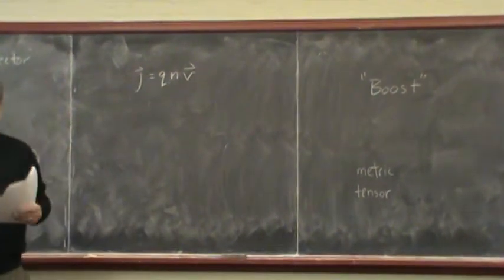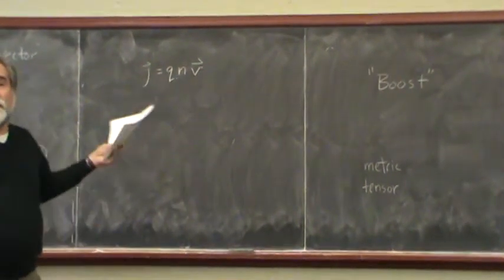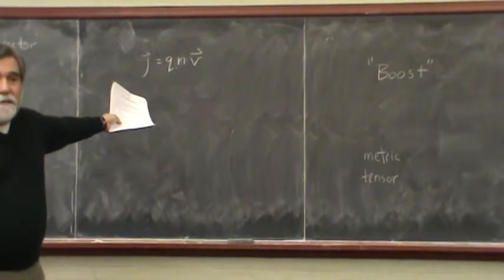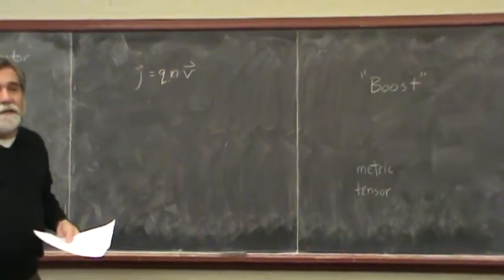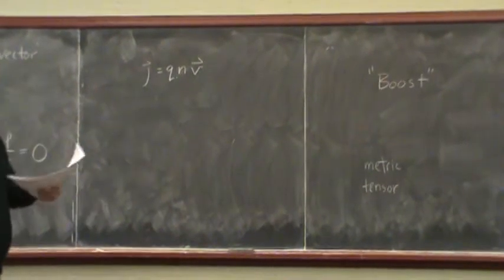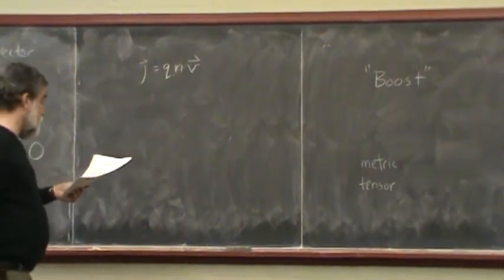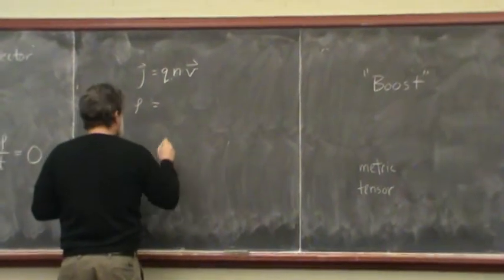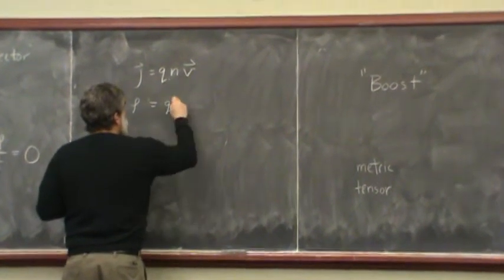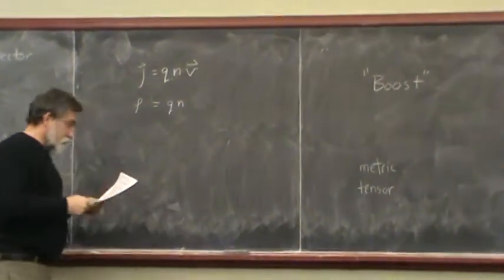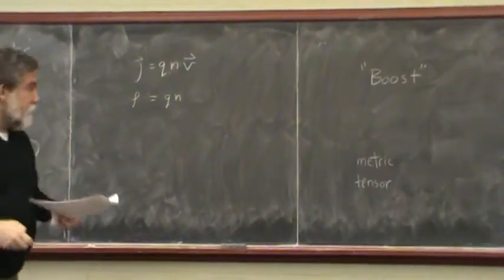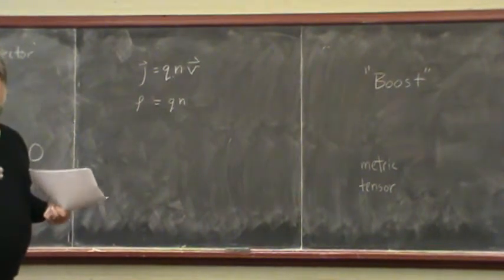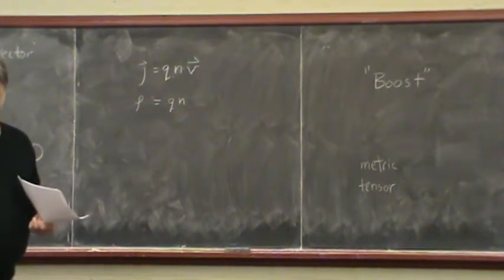We know that we're going to have to transform something here, and it's a good thing that we see velocity there because we know how to transform that in Lorentz transformations. And we know that the charge density is charge per individual charge times the number of charges.